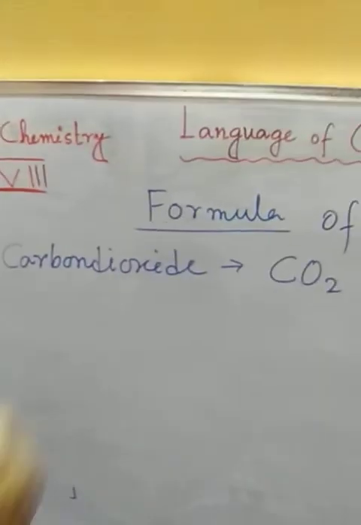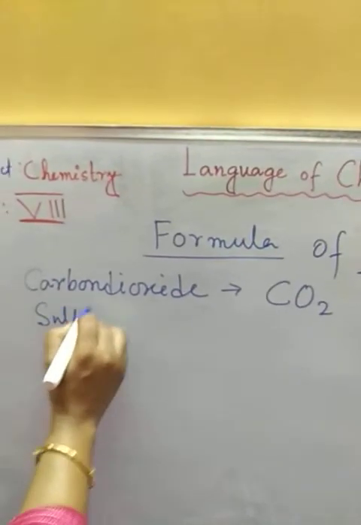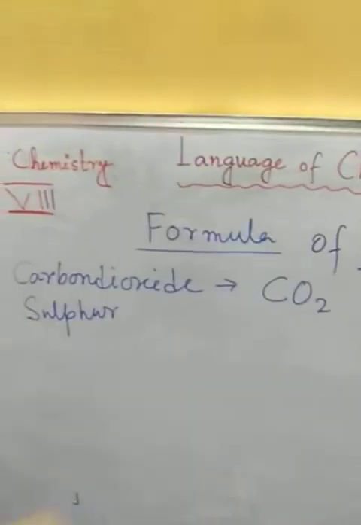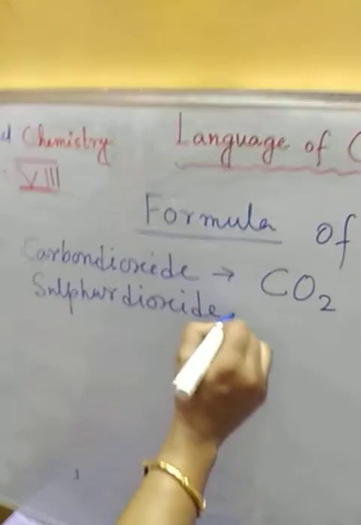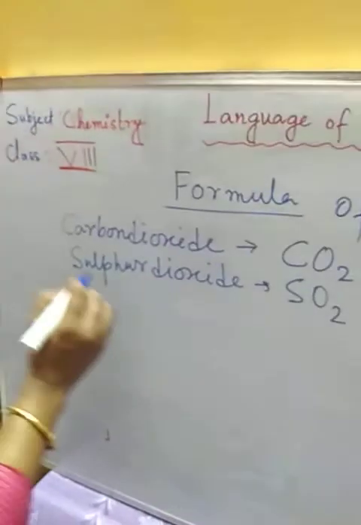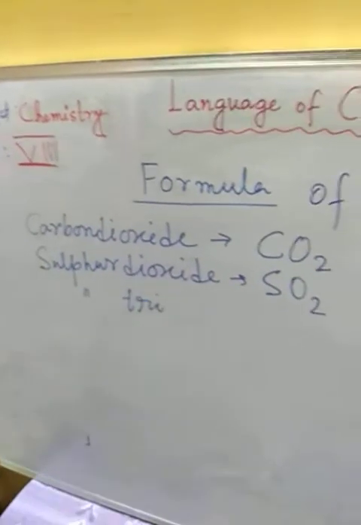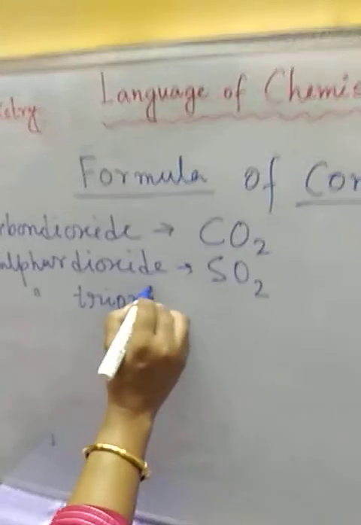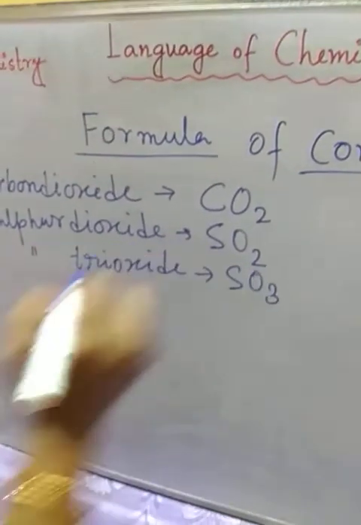In the same manner, sulfur dioxide will be SO2. Sulfur trioxide, tri means 3, so this will be SO3.